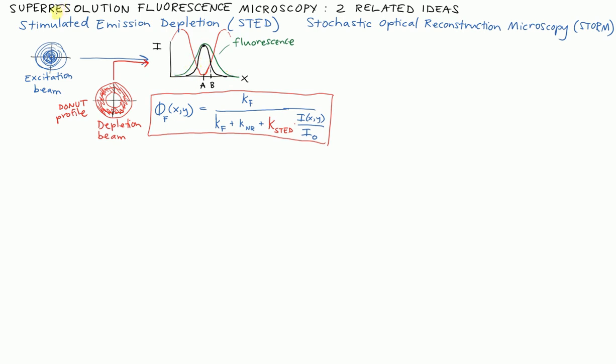So I have a narrower distribution in black than I did in green, and that's the essence of the super resolution of this technique. So if I were to write out in English what it is that we're doing here, I would say that we are telling molecules that are not right near the center of the excitation beam, we are telling them to choose a non-fluorescence decay path. And here's how I would write that out as a sentence.